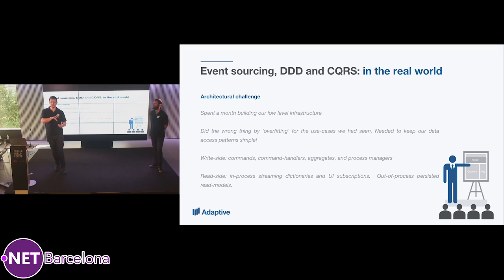So with that quite small, simple primitive that looks like a dictionary and is easy to understand, you can build really complex interaction patterns where the UI is being constantly updated in response to events being pushed in on the right side. We also have out-of-process persisted read models.